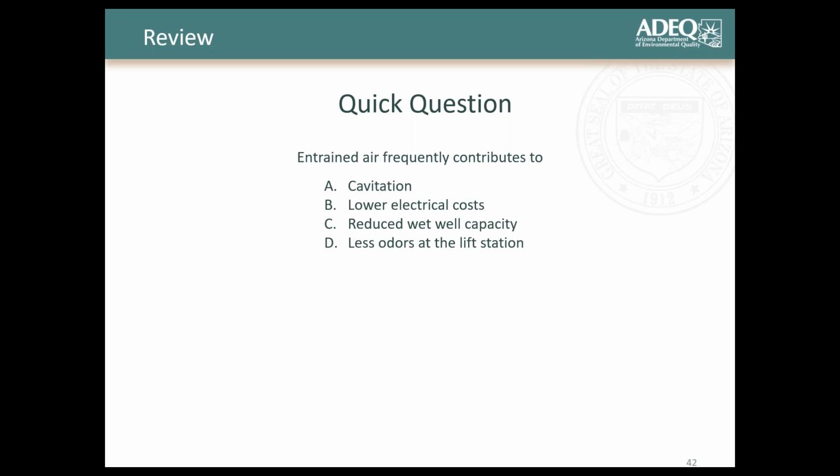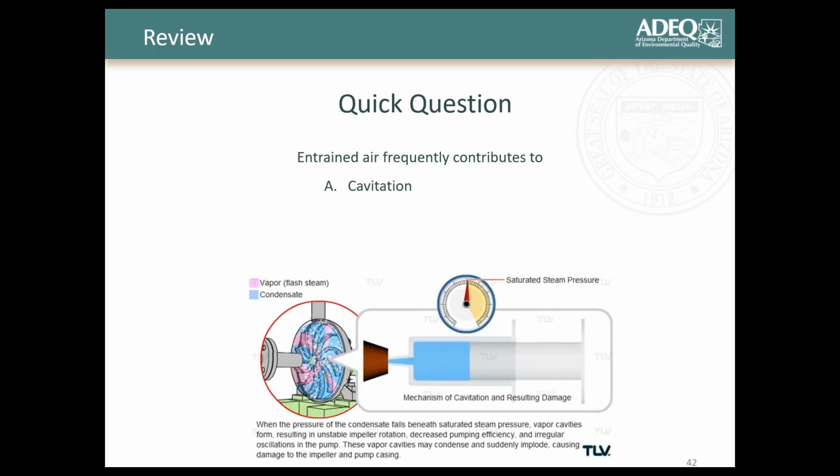So A seems to be the prevailing winner so far, and A would be the right answer. Through this, I found this cool little GIF that'll show you how cavitation works when you have air in.